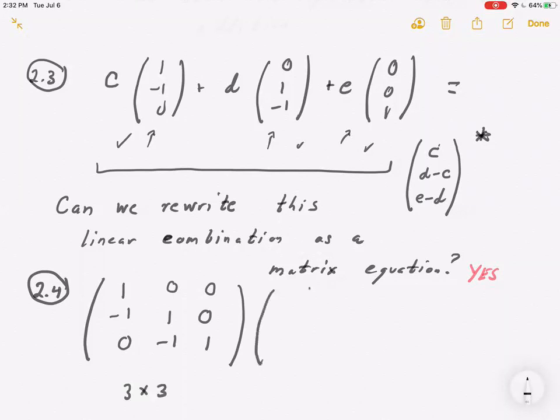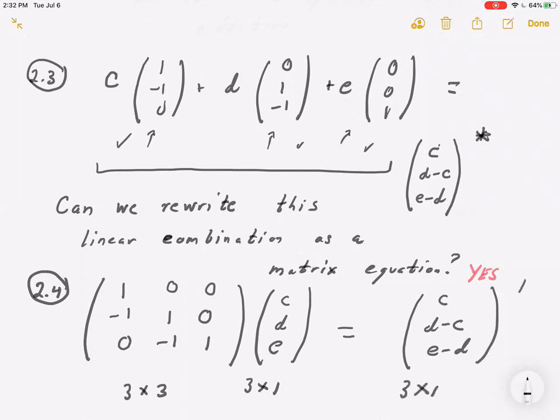I then multiply that by a 3×1 matrix that contains the scalars C, D, and E. And if I use the ordinary rules of matrix multiplication, it's easy to show that that gives you a 3×1 matrix, which again is star.